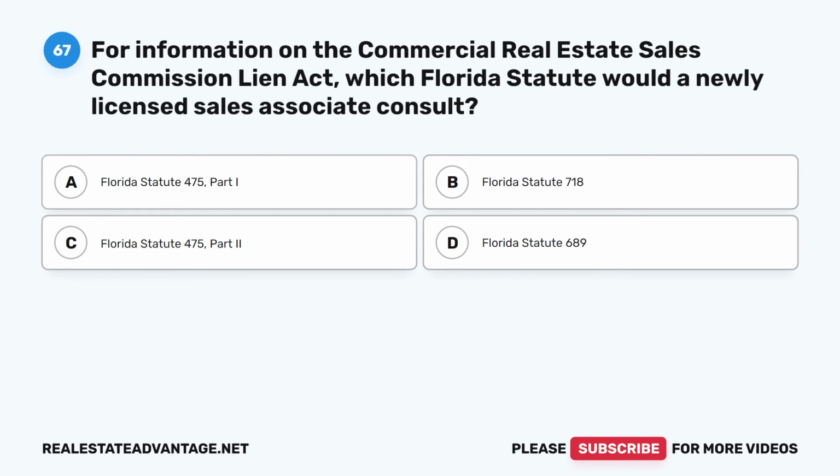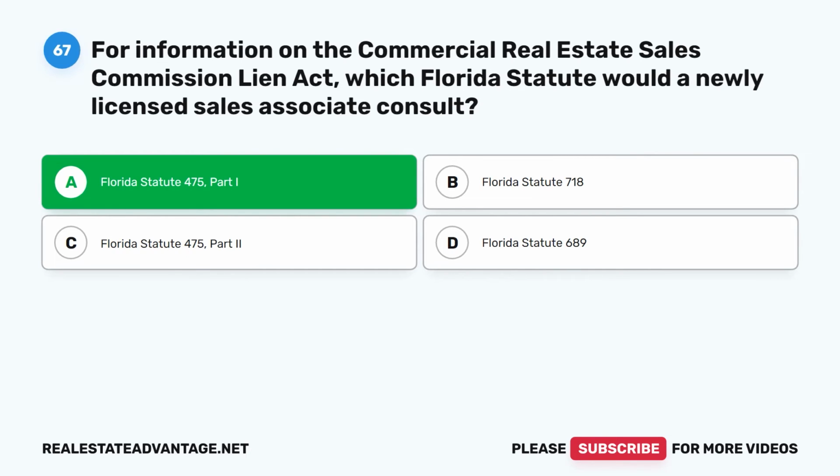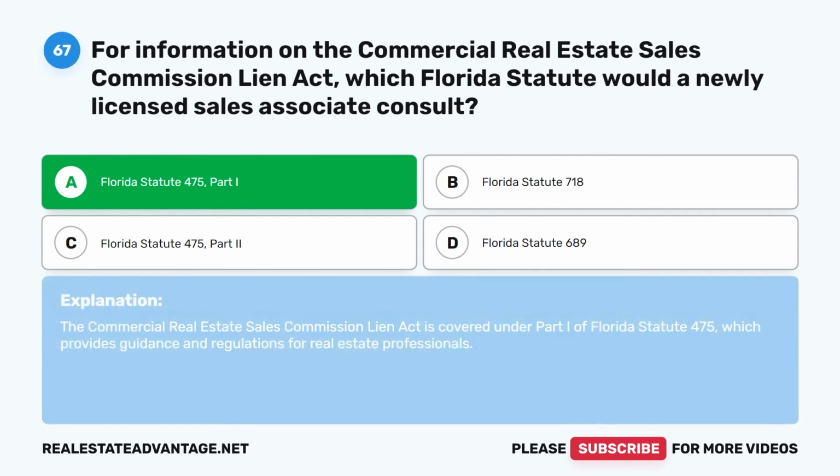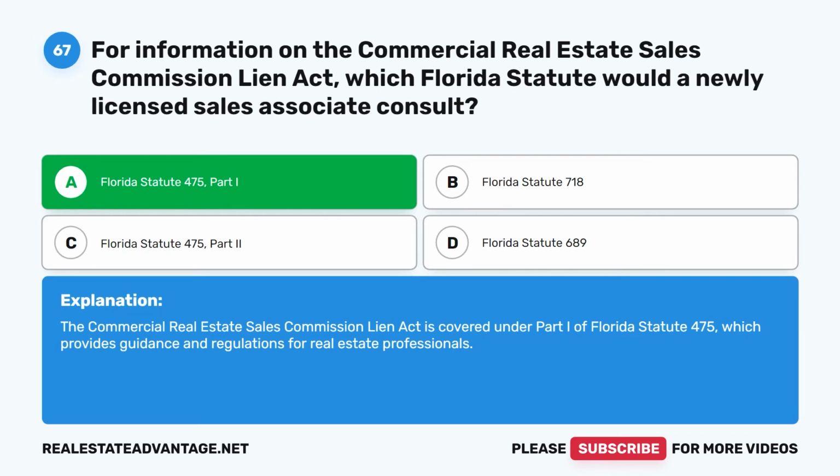D. Florida Statute 689. The correct answer is A. Florida Statute 475, Part 1. The Commercial Real Estate Sales Commission Lien Act is covered under Part 1 of Florida Statute 475, which provides guidance and regulations for real estate professionals.